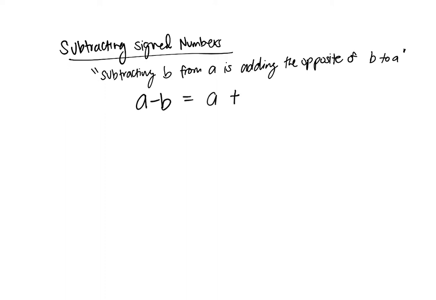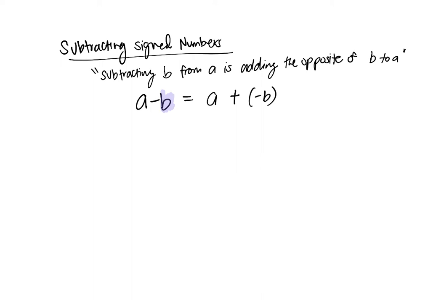And then you're going to change the sign of the number that's being subtracted. So notice that B here is being subtracted from A. So we're going to change the sign of B. B there is positive, so I'm going to make it negative B. And then from there, you just use the properties of adding signed numbers.